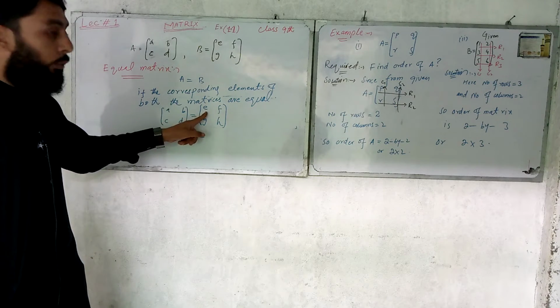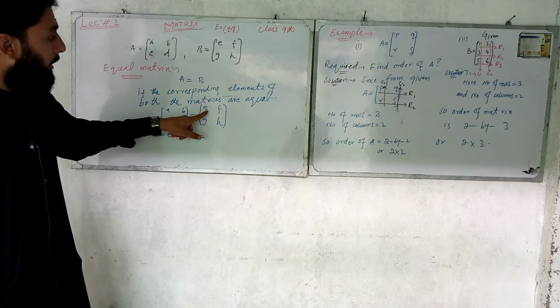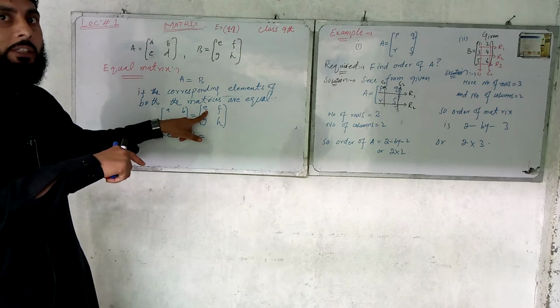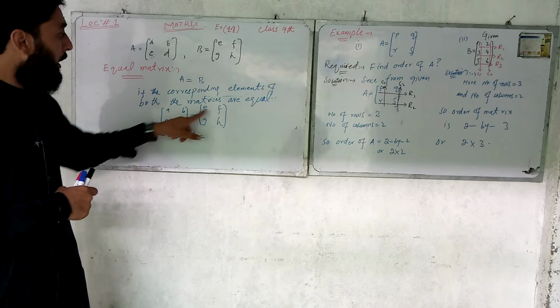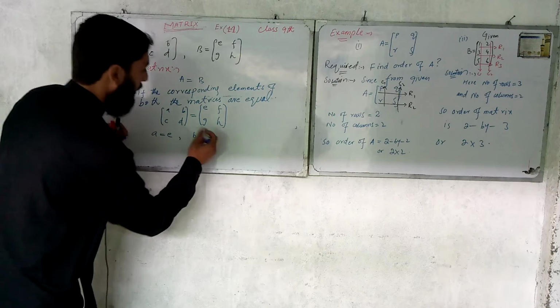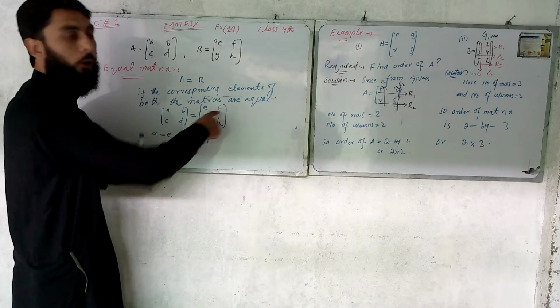A equals E, meaning the first element of the first matrix equals the first element of the second matrix. If this is 2, this will also be 2. B equals F means that if this is 4, this will also be 4.